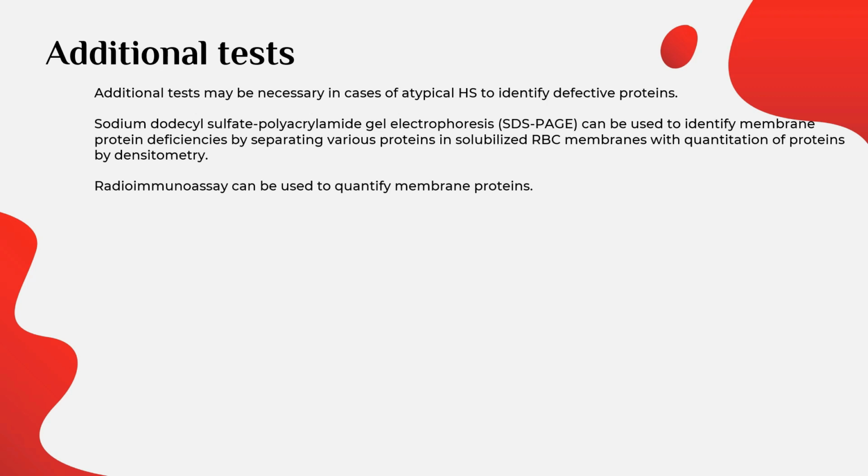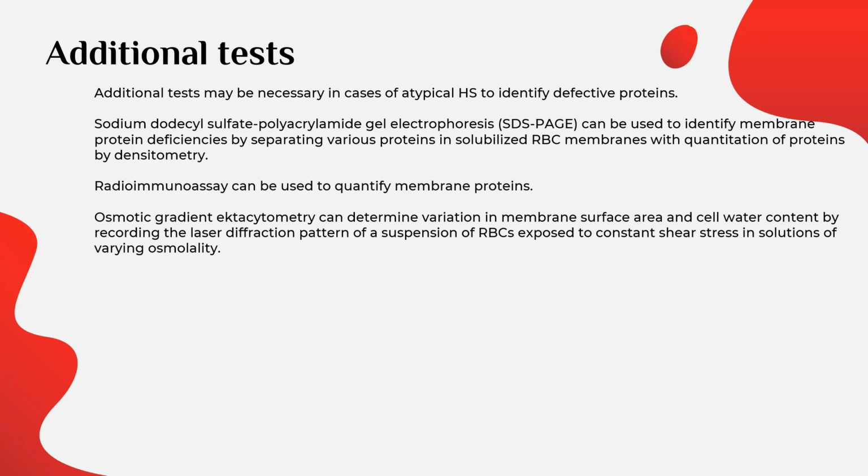Radioimmunoassay can be used to quantify membrane proteins. Osmotic gradient ektacytometry can determine variation in membrane surface area and cell water content by recording the laser diffraction pattern of a suspension of RBCs exposed to constant shear stress in solutions of varying osmolality.